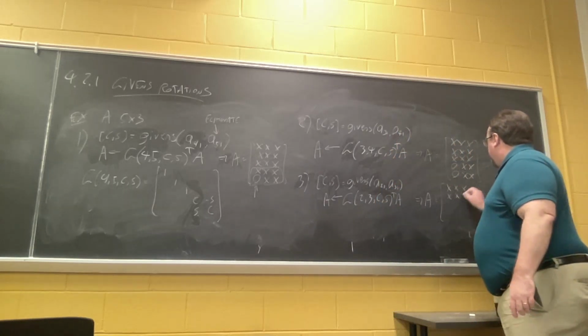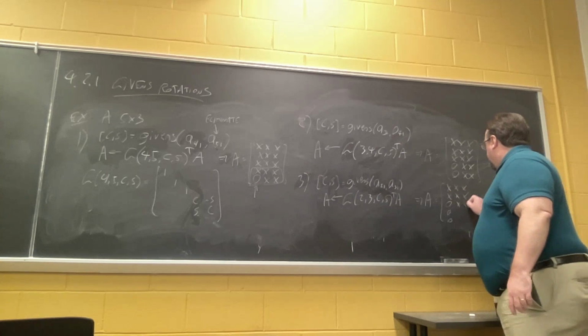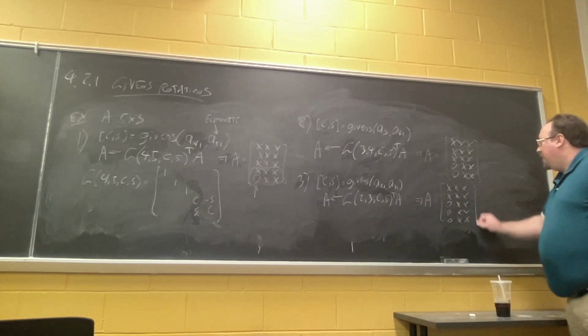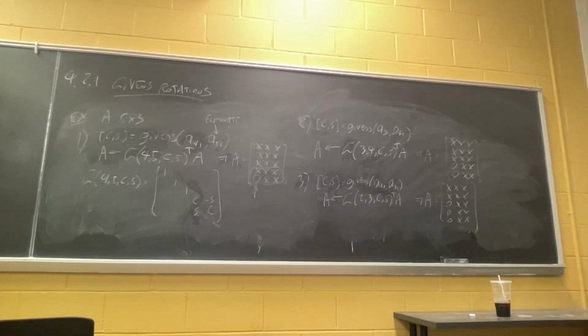Only rows 2 and 3 are affected. Right, and then we have to eliminate one more entry in this column before we go over to the next column and start at the bottom. Next column, start at the bottom again, and work our way up. Each time we go to a new column, we're eliminating one entry less.